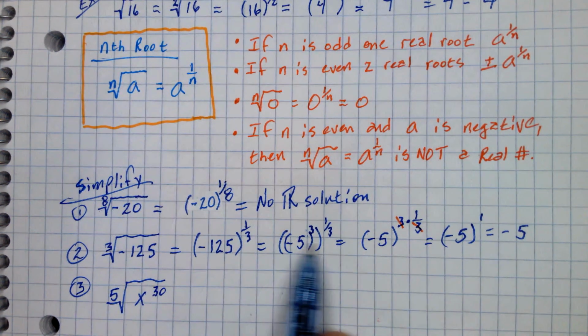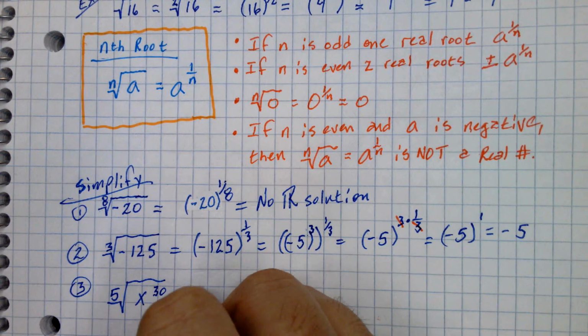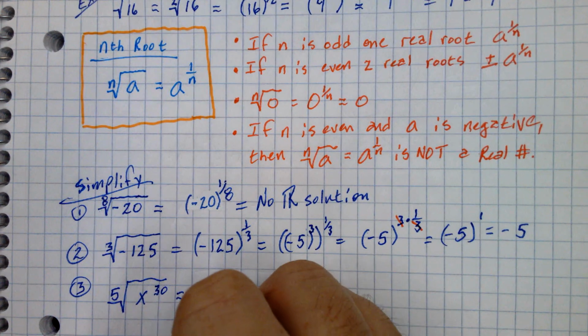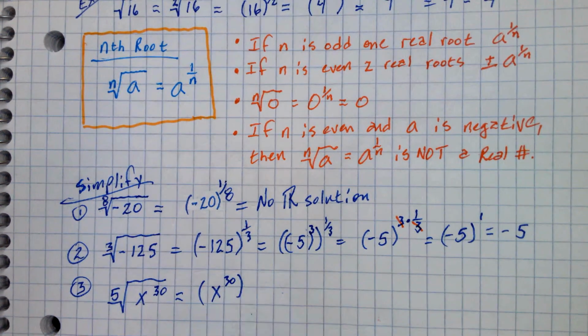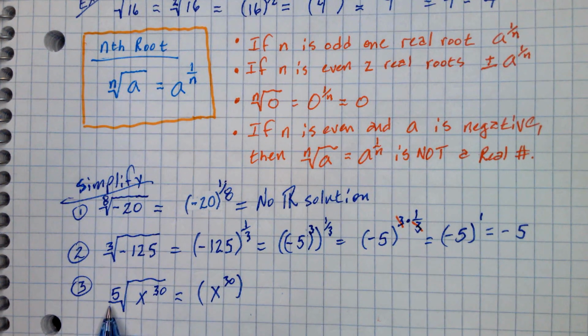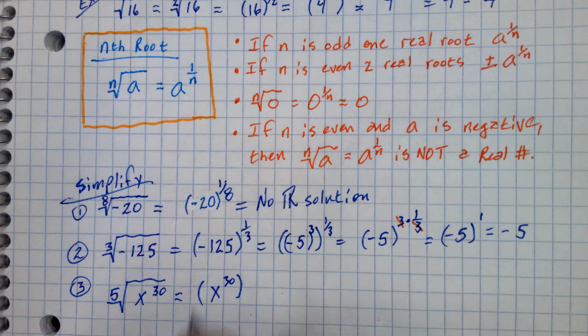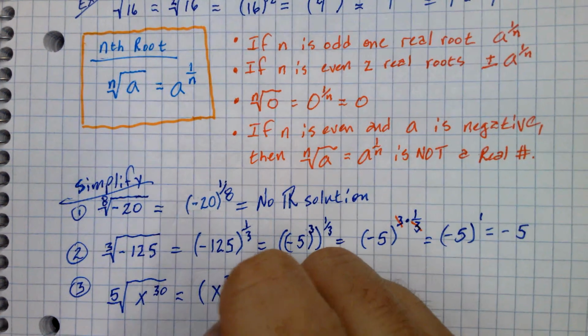So we're just going to do kind of what we did here. I'm going to say x to the 30th raised to the what power? Remember, you use this as your denominator. This is your denominator to the 1/5 power.